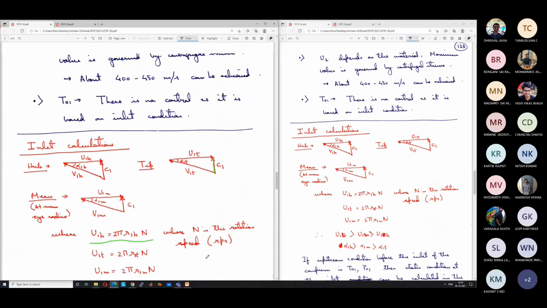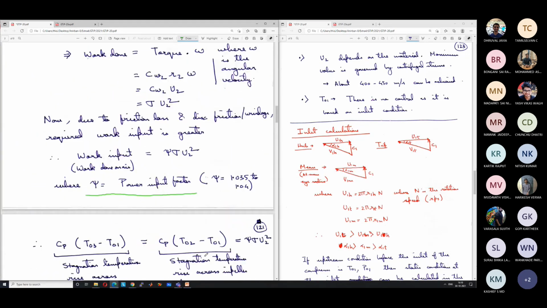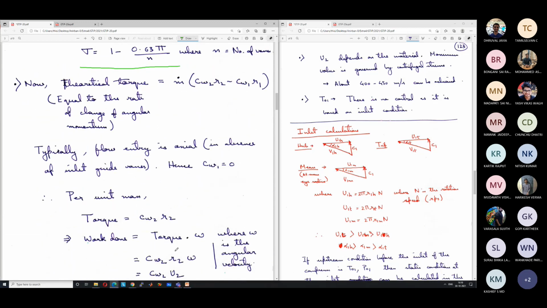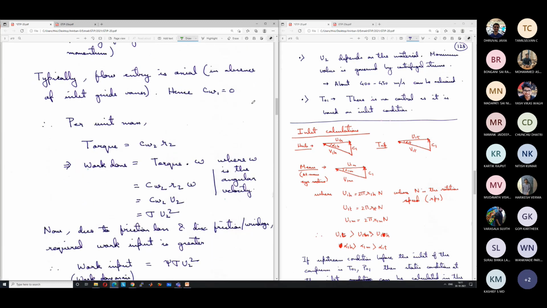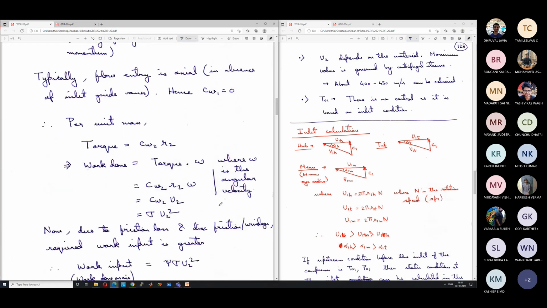Okay, so in this expression, what we have discussed, the torque is equal to how much? Work done is torque into omega. So torque is, per unit mass of fluid, Cw2 R2 minus Cw1 R1. So instead of only having sigma U2 square, we will also have Cw1 into R1 into omega, so Cw1 U1.